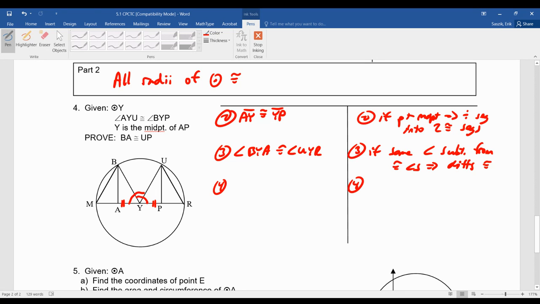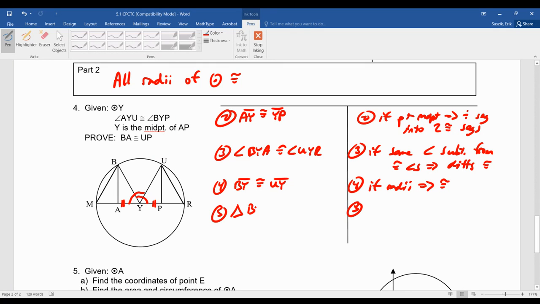Okay, now what do we do with those segments? Well, actually, we can just say that. Now, I'm going to say BY is congruent to UY if radii then congruent. I should really write if radii of same circle, but that's okay.